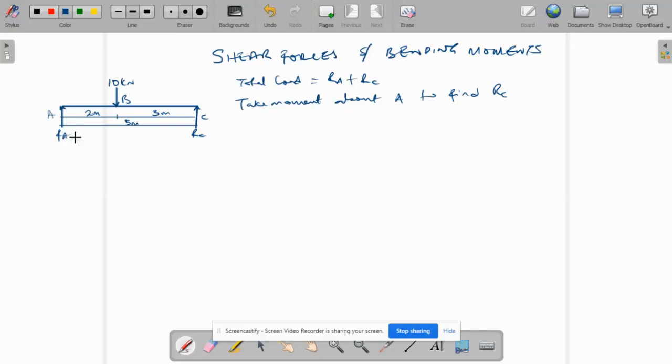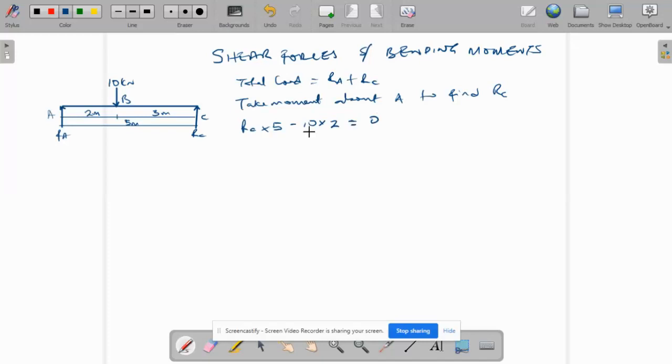So RC multiplied by its lever arm from A, which is 5 meters, then we subtract the load multiplied by its lever arm about A, which is 10 times 2. This will be equal to 0.